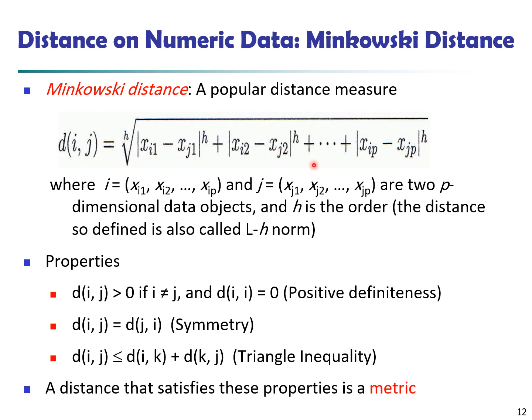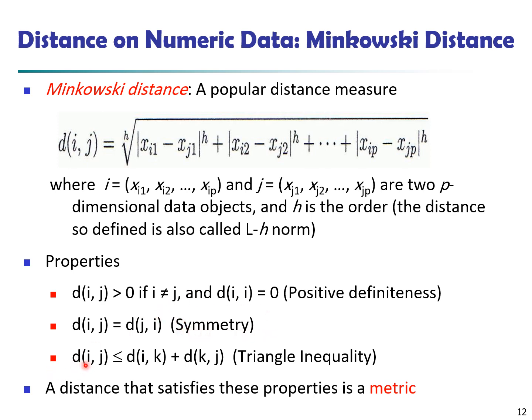Now, these properties are just something that you need to know. If the dissimilarity between two objects i and j is more than 0 when i and j are not equal, and the dissimilarity between i and i is 0, this is called positive definiteness. If the dissimilarity of i and j equals the dissimilarity of j and i, we call this symmetry.